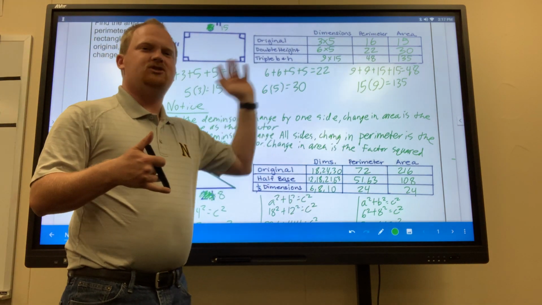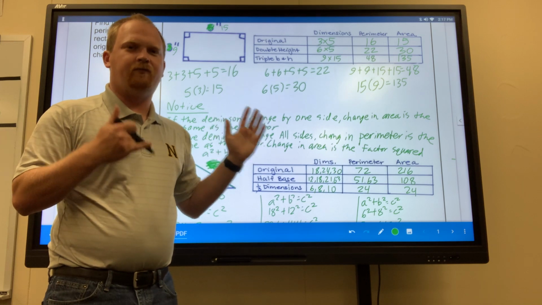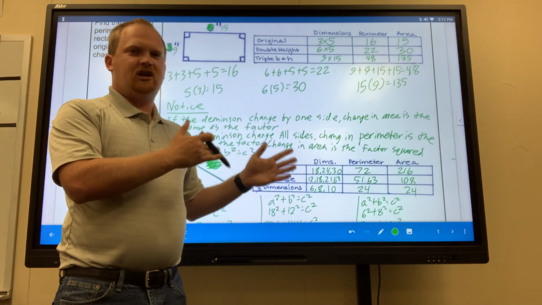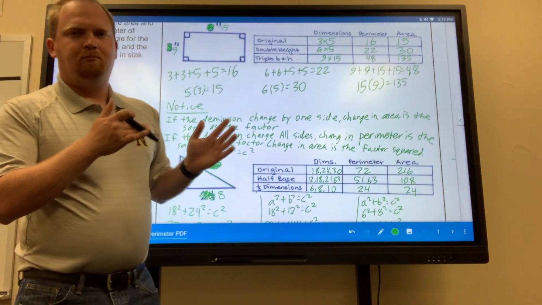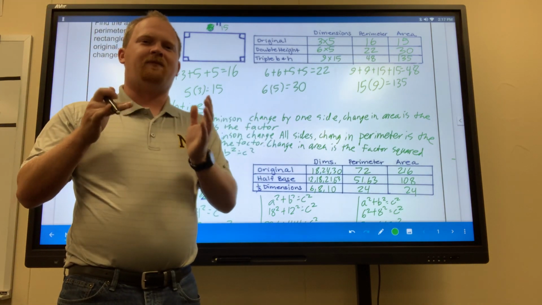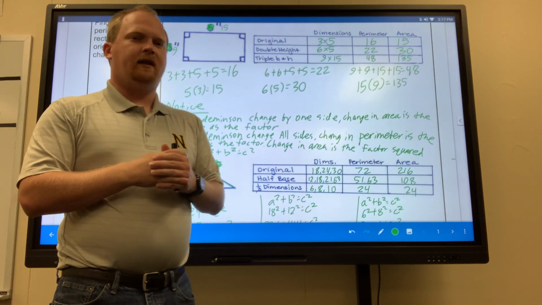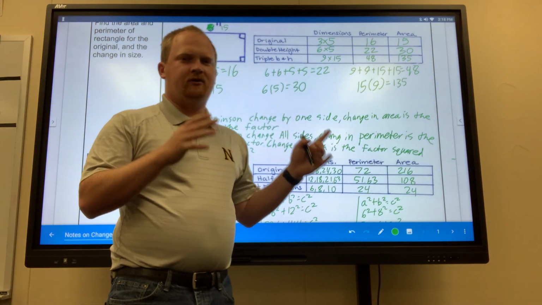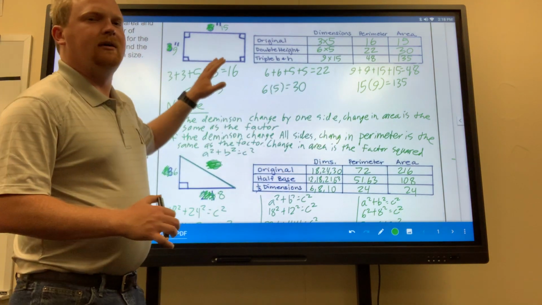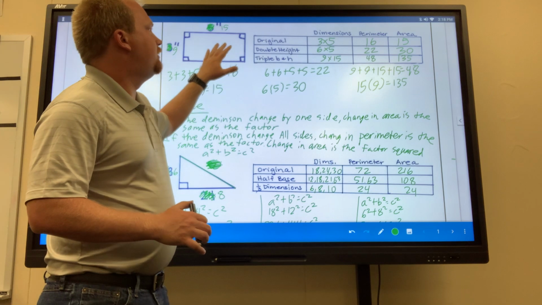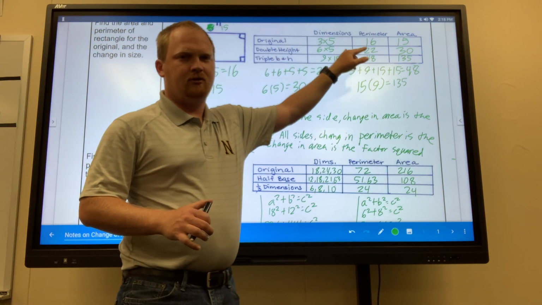If I change all the dimensions by a certain factor, the perimeter changes by that factor, but the area changes by the factor squared. Okay? So again, just to recap, if I only double the height, then only the area is doubled.